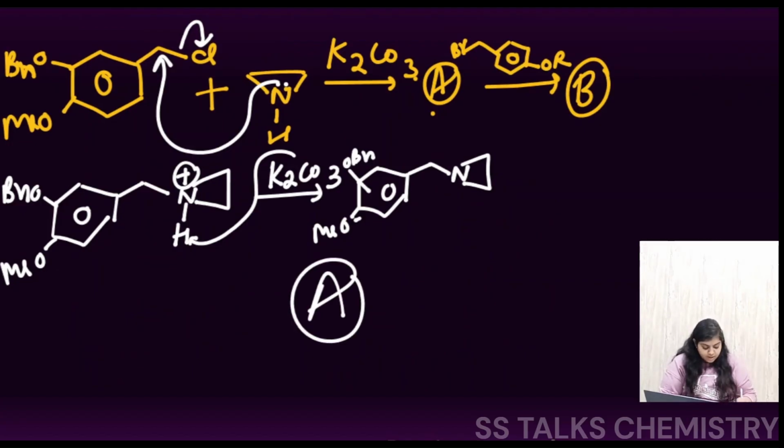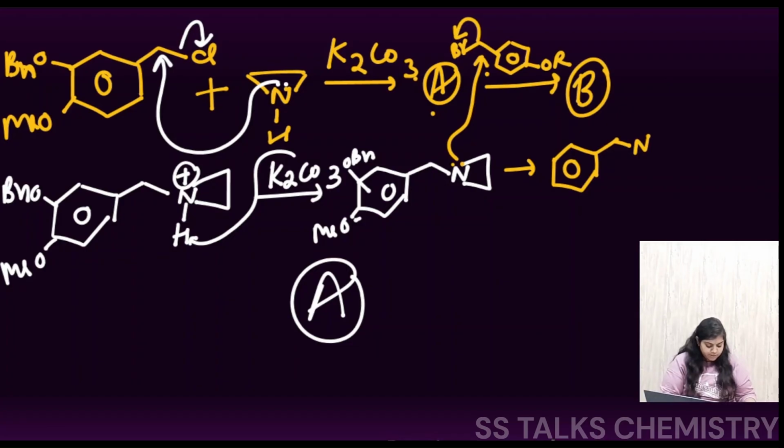Now this A, they have treated with this particular species. So again, the ring is present, and the nitrogen still contains the lone pair of electrons that will go and attack over this species, and this Br negative is going to leave from the reaction condition. So we are going to get here the ring that was present, and here CH2 and the nitrogen.